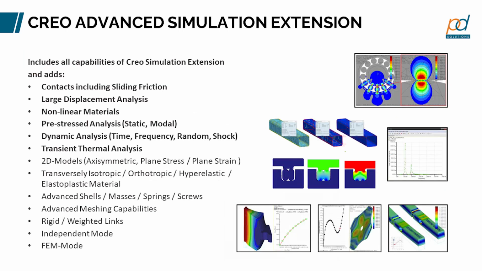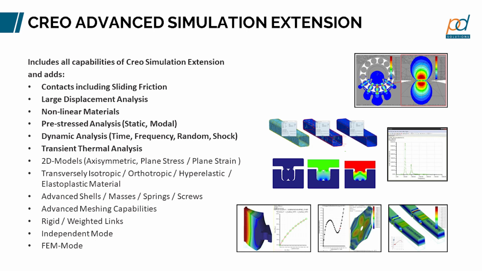But certainly, I believe that the best value package is actually the advanced simulation extension, because this adds a lot of additional capabilities. We can do advanced contact analysis, including sliding friction, large displacement analysis, nonlinear materials, pre-stress analysis, and various different types of dynamic analysis. These can be time domain, frequency domain, random response, shock analysis.